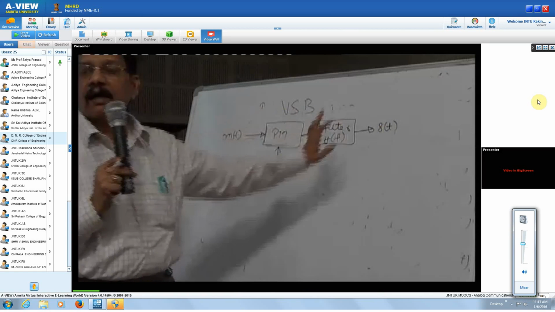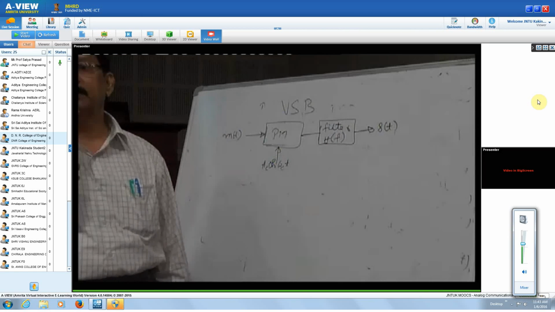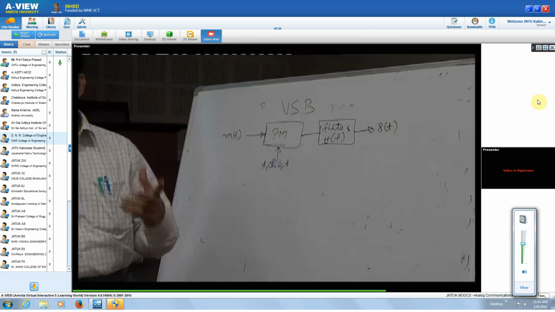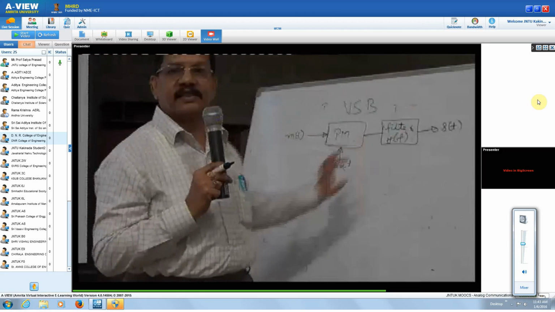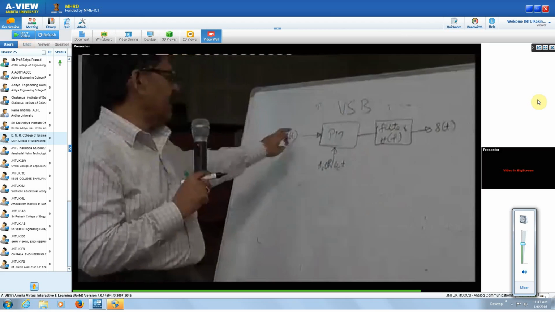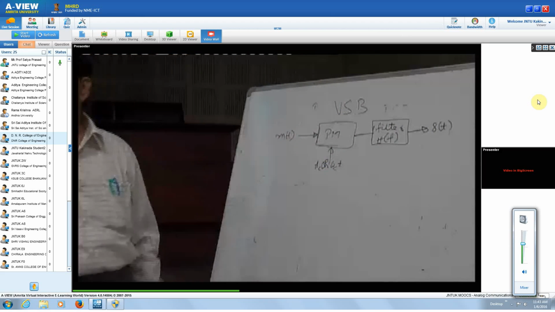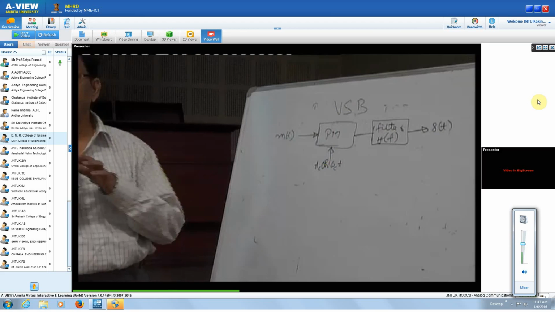And how to generate this filter, or what should be the characteristics of this filter? After transmitting, at the receiving end, we have to get back our signal m of t, right?